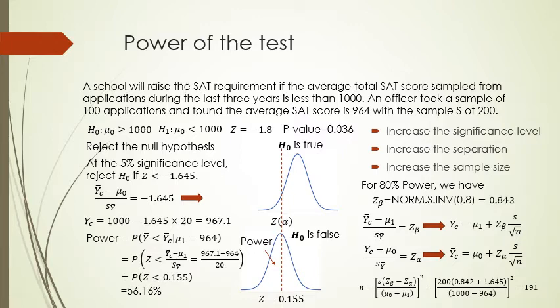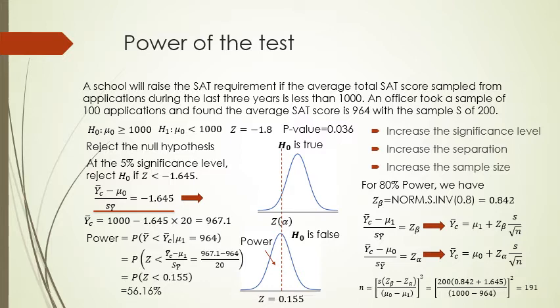Now let's find the critical sample mean, which is the maximum sample mean that we may reject the null hypothesis. This equation gives the critical sample mean is 967.1. If the sample mean is less than 967.1, then we will reject the null.